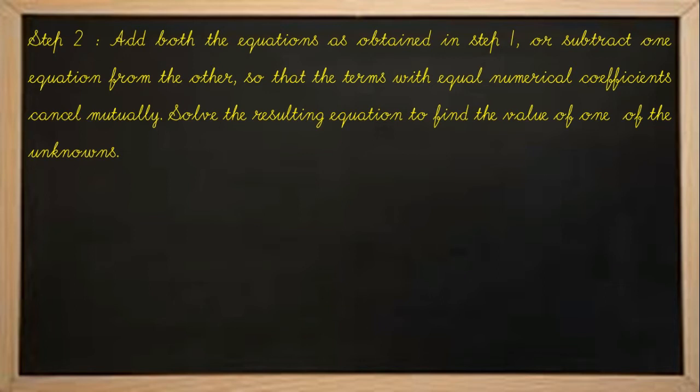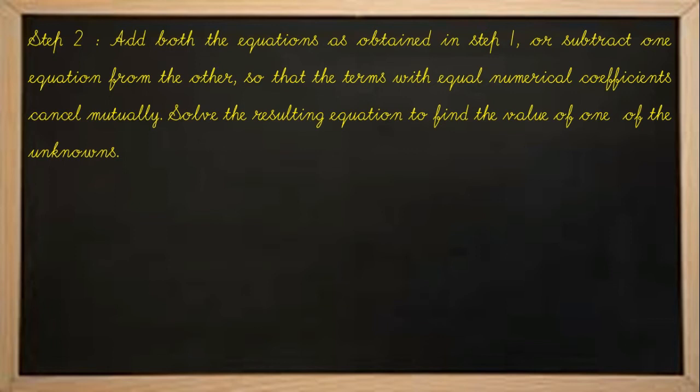But how to decide if I add my equations or if I subtract my equations? In such a way we need to do the procedure so that the terms with equal numerical coefficients should cancel mutually. The heading itself says it is elimination. That means we have to eliminate one variable.